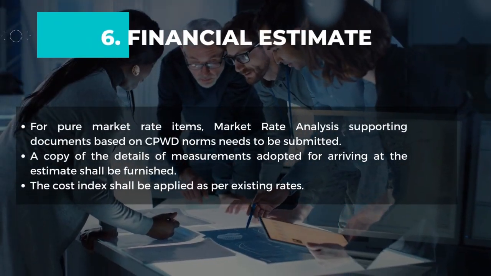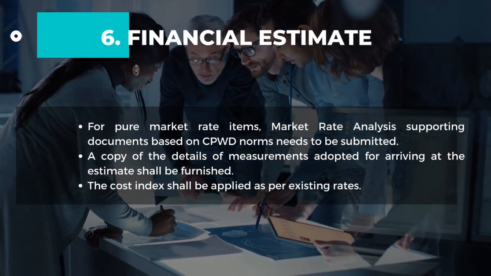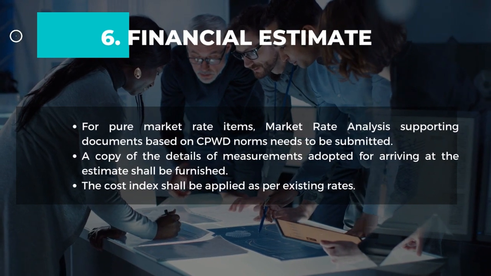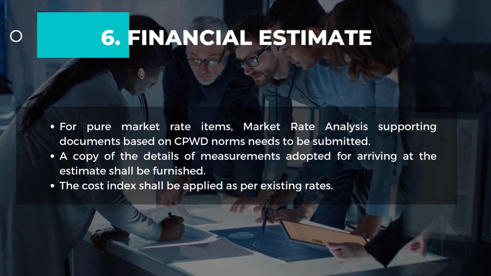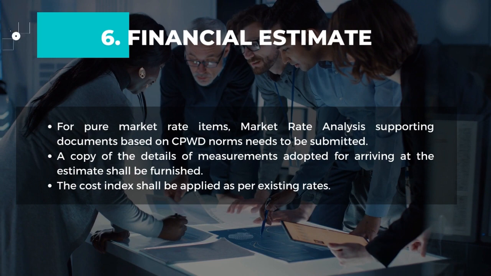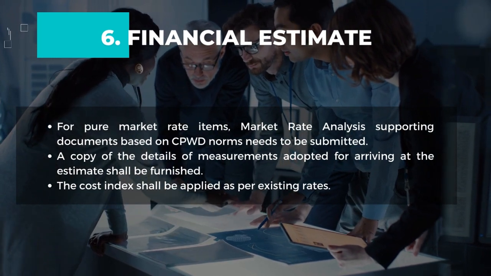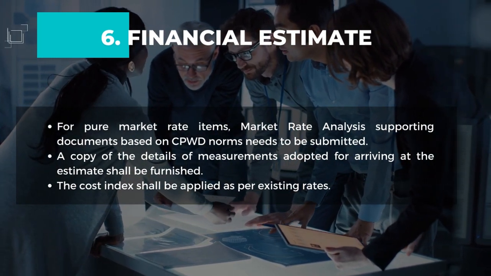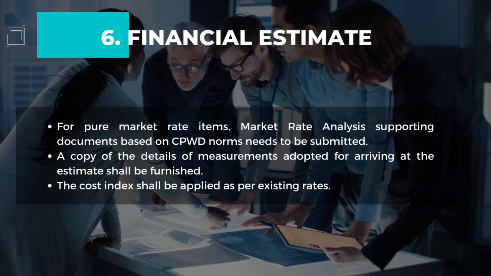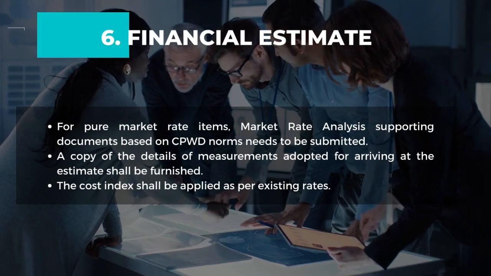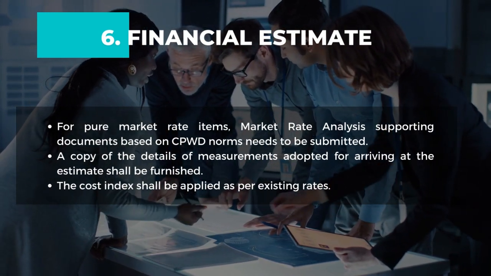Financial estimate. For pure market rate items, market rate analysis supporting documents based on CPWD norms need to be submitted. A copy of the details of measurements adopted for arriving at the estimate shall be furnished. The cost index shall be applied as per existing rates.